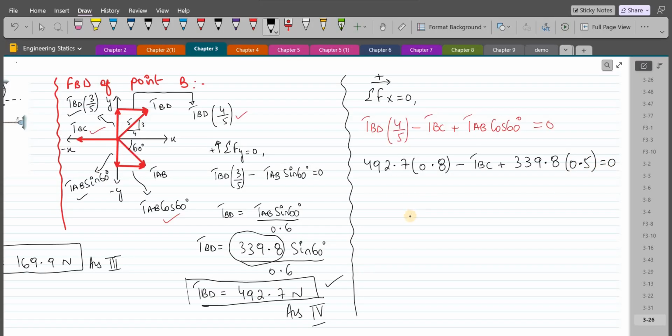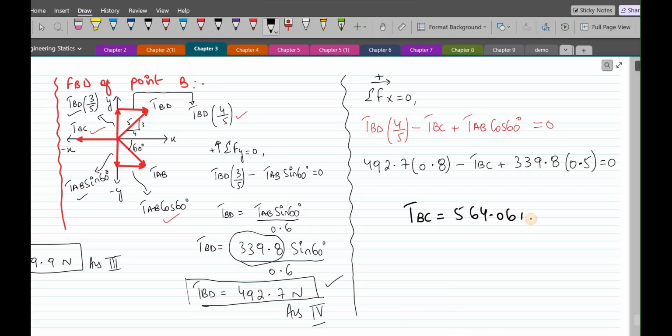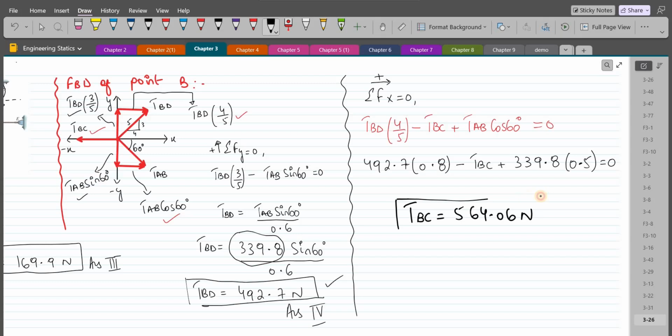So upon simplification, TBC comes out to be 564.06 newtons. This is our fifth answer.